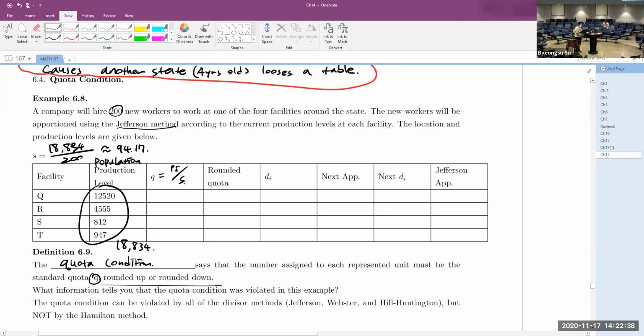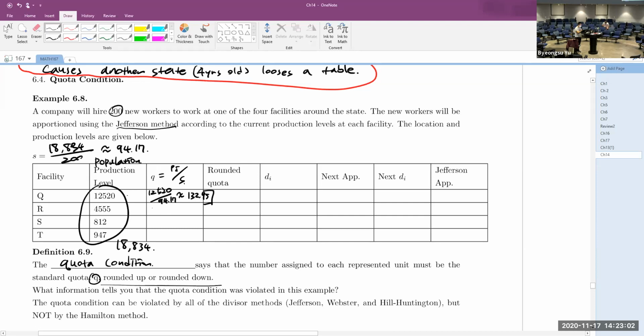If you divide each population by this standard divisor, the first one is 12,520 over 94.17, which is almost 132.95.